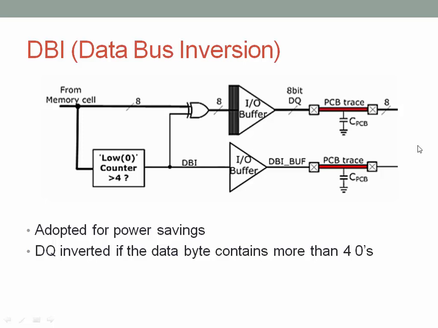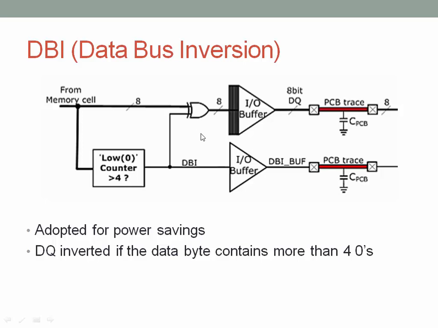The other technique is called DBI, which is data bus inversion. In POD12, we saw that it draws current only when the output is low, not when the output is high. So DBI ensures that the number of zeros sent out is not more than 4. If we send out more zeros, there is more power wasted, right?